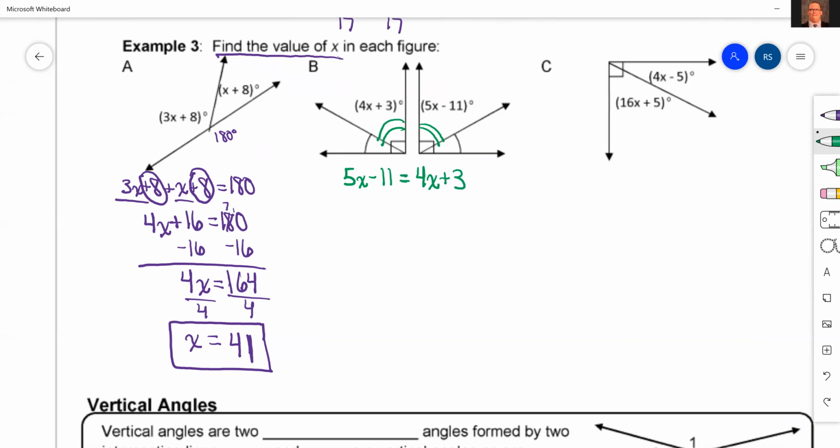I think you're right. So now let's solve for x. Subtract 4x. 5x minus 4x is just 1x. Minus 11 equals 3.